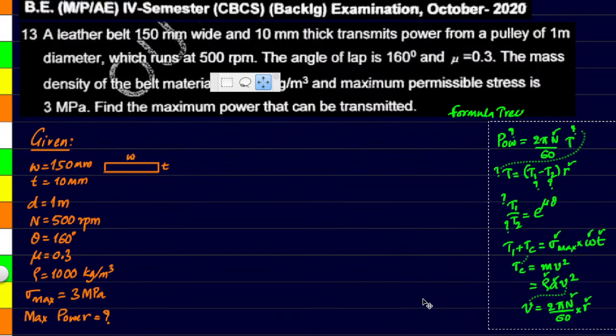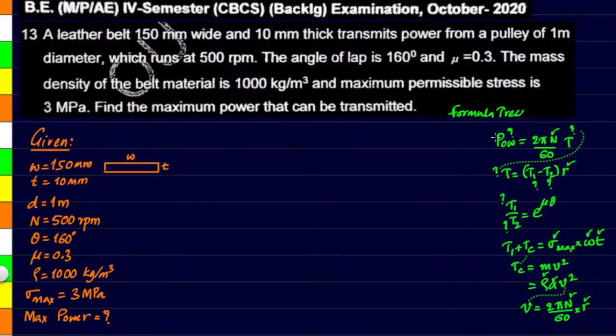Okay, let us keep this aside here. We are interested in finding the power. Power formula is given by this value. N value is given. T, the torque, is unknown. Now torque has another formula which is related to T1 and T2. R is given. T1, T2 are unknown. And there we have another relation for T1, T2, that is the formula for friction with the coefficient of friction. And then we have another formula for total maximum tension, which includes the centrifugal tension.